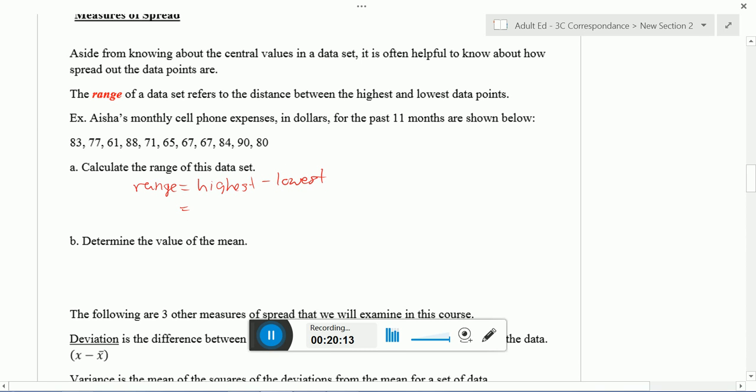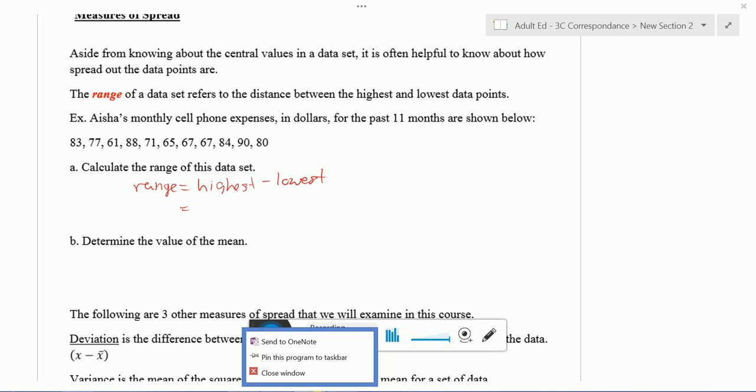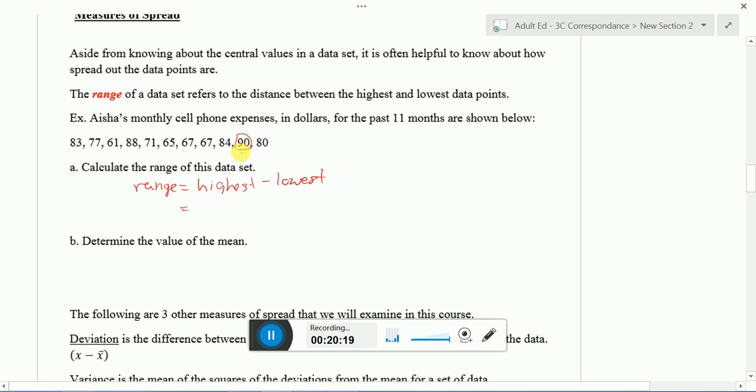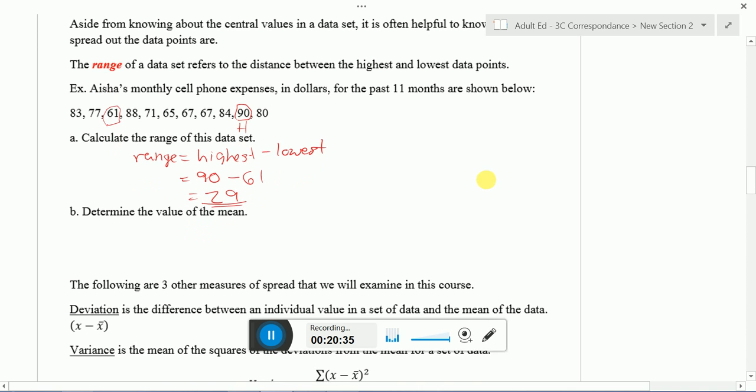So the range for our data, our highest value, if we look at these numbers, would be 90. Our lowest value is 61, and so the range for our data is 29.